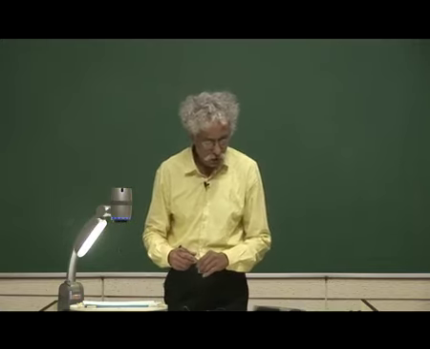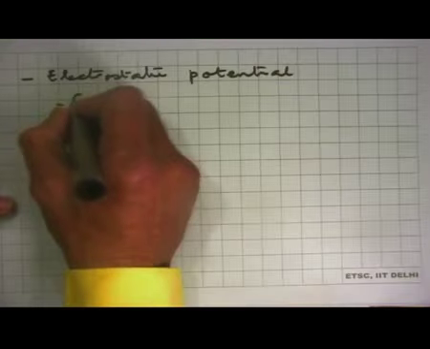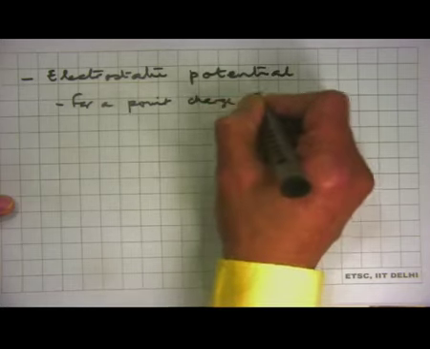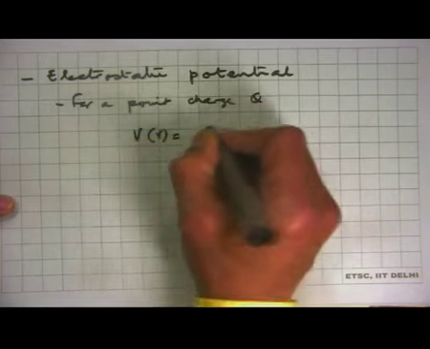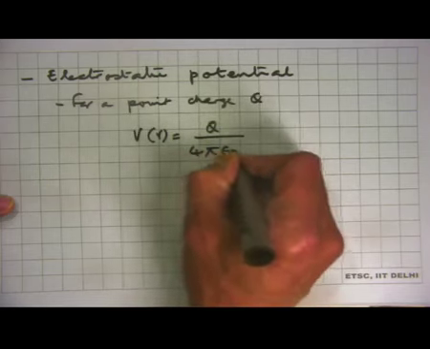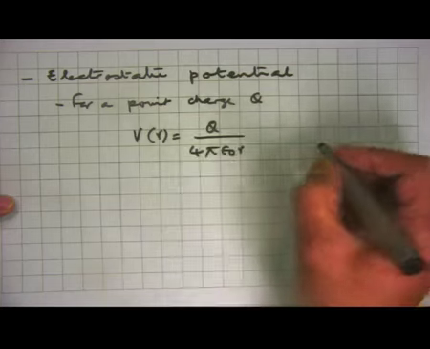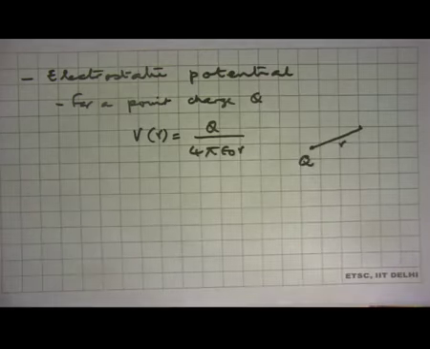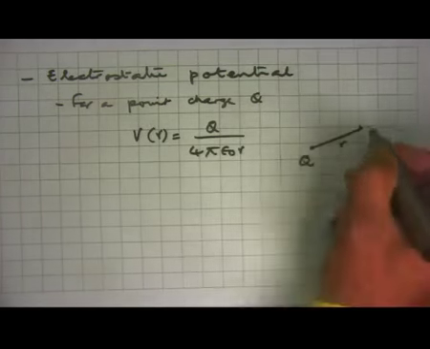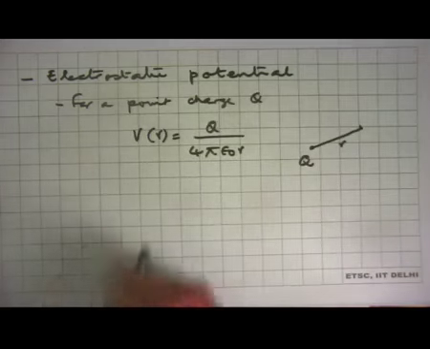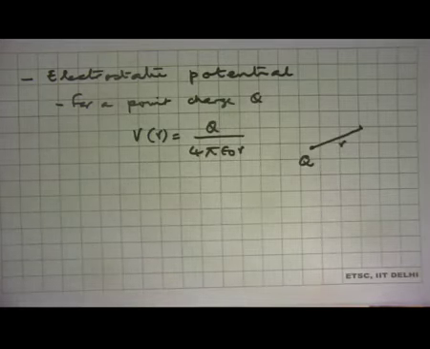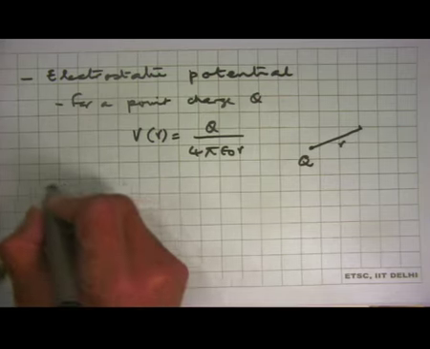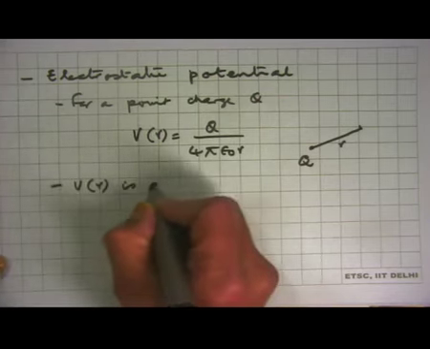So, for example, the potential for a point charge q will be V of r equal to q by 4 pi epsilon 0 r, where q is some charge here and r is the distance from the charge, and that is the potential at the point at distance r from the point charge. That is actually the work done in bringing a unit charge from infinity to this point here. And remember that V of r is a scalar quantity.